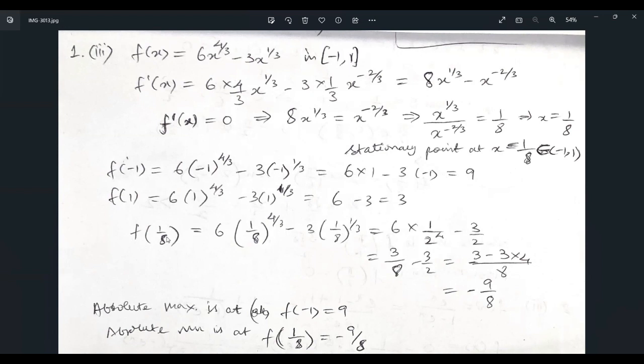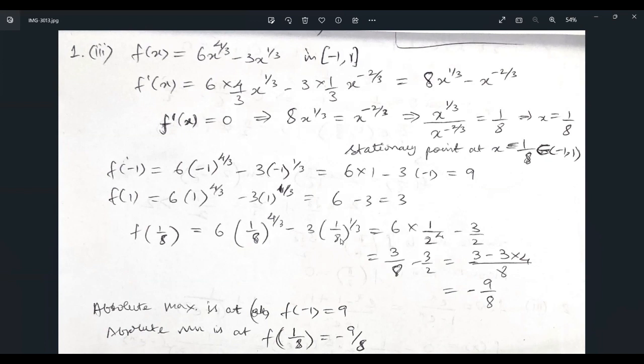Now I'm going to substitute 1 by 8 here, that is the stationary point, to see if it is a minimum or maximum. So f of 1 by 8 is 6 into 1 by 8 to the power of 4 by 3 minus 3 into 1 by 8 to the power of 1 by 3. The cube root of 1 by 8 is 1 by 2, raised to the power of 4.